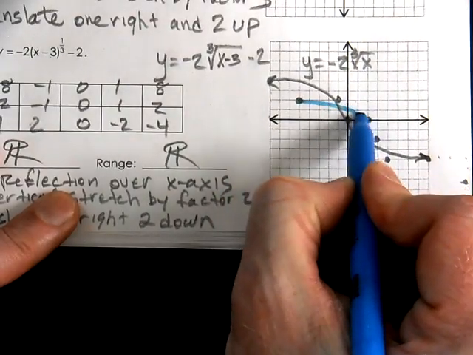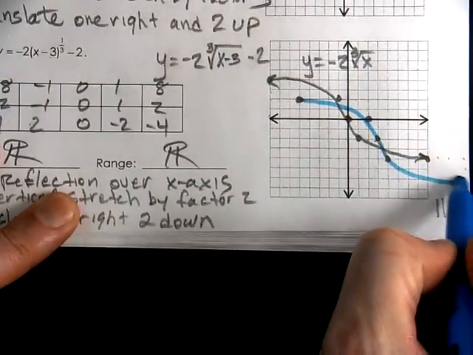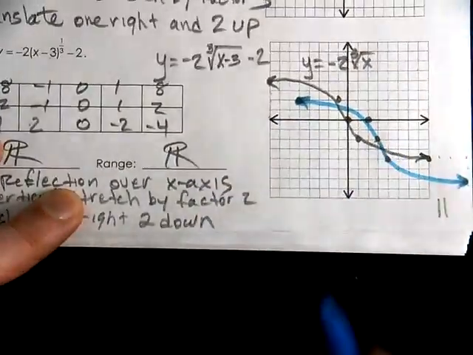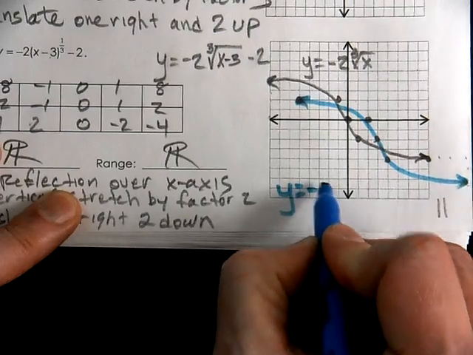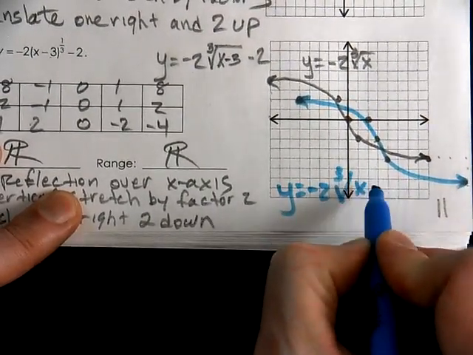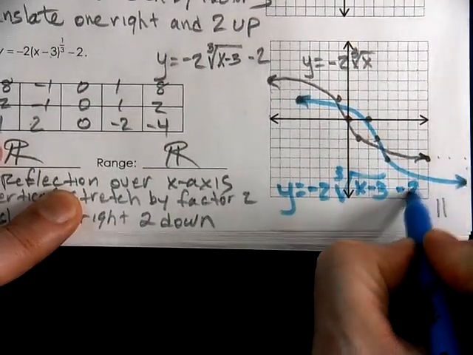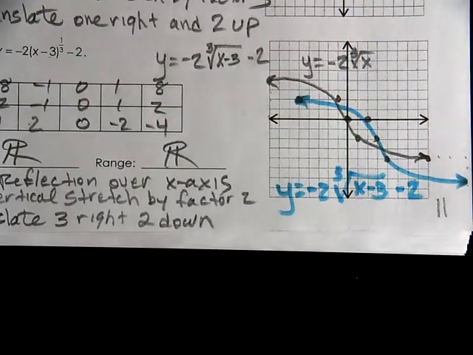You can connect those. And that's y equals negative 2 cube root of x minus 3, with the minus 2 on the outside. There we have it.